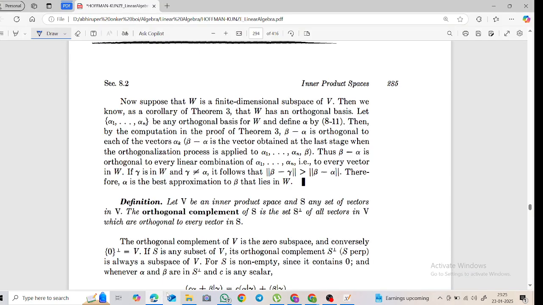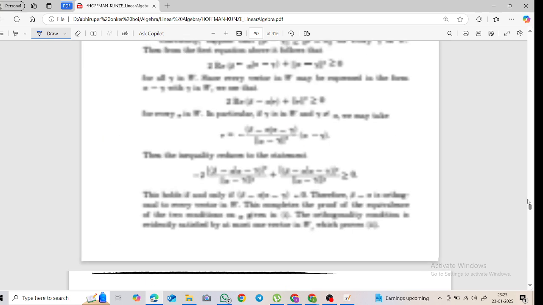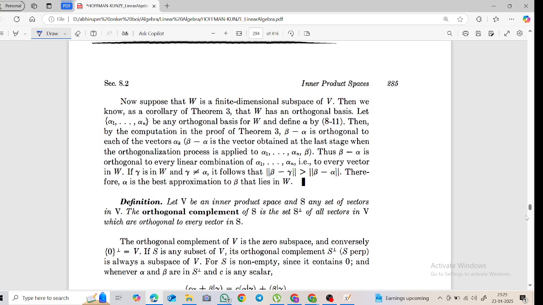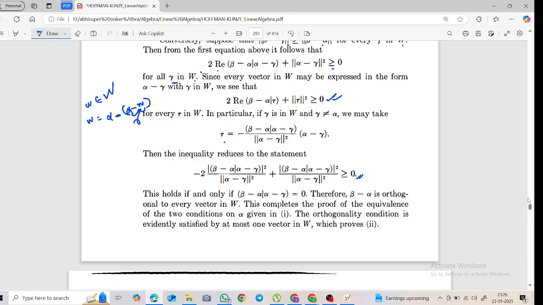Just a minute. They are saying that the base beta minus. How are they proving the uniqueness? Is it obvious?